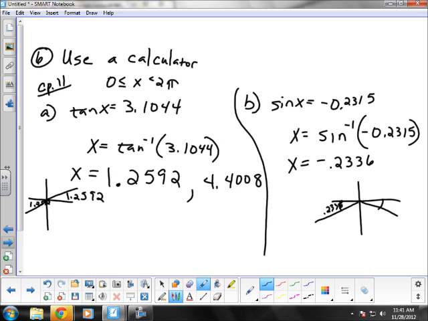And you can give it to me as a positive or a negative. But most of the time in the back of this book, they want both of these angle measurements as positive values. So you need to add pi to it for one of the angles. So you're going to do pi plus this 0.2336.